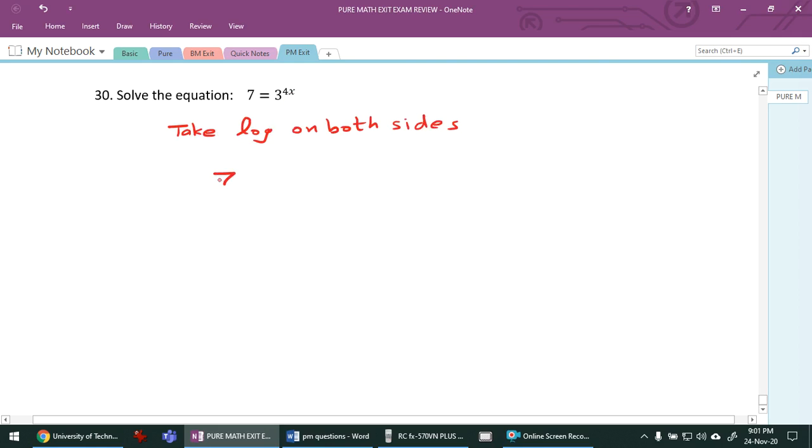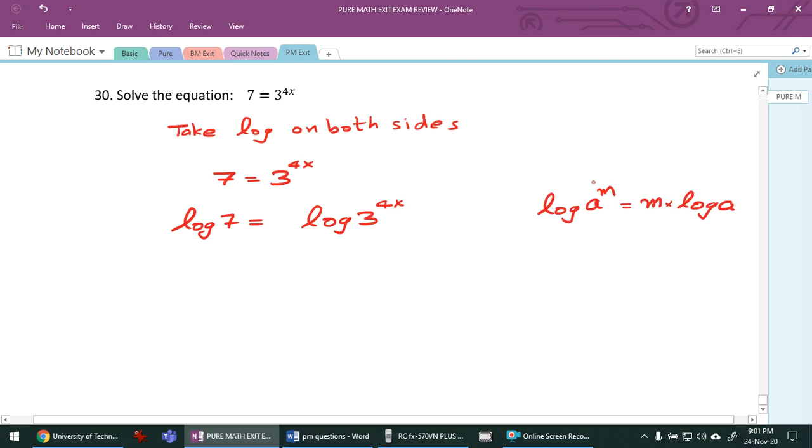So we will write log 7 equal to log 3 power 4x. Now we know the rule, log a power m means m into log a. This power will come in the beginning. Same like that, log 7 equal to 4x into log 3.